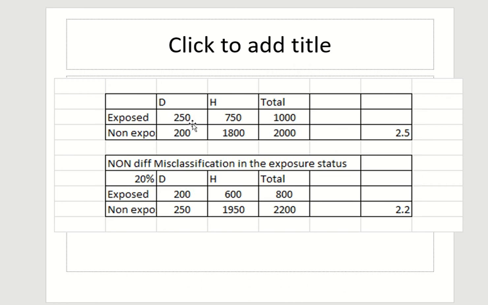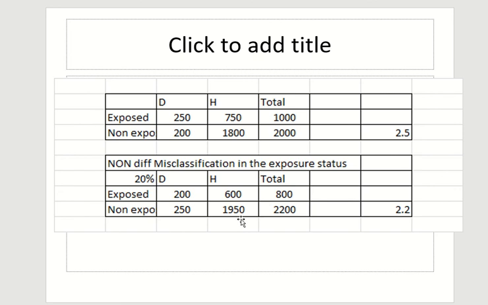So I'm going to take out 50. I'm going to put them down. So now I have 200 by 250. Okay. Also I'm going to take 20% of 750. 20% of 750 is 150. So I'll remove 150 from 750 and I'm going to put it down. So I end up with 600 here and 1950 there.